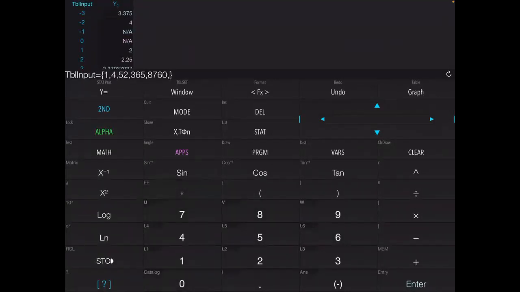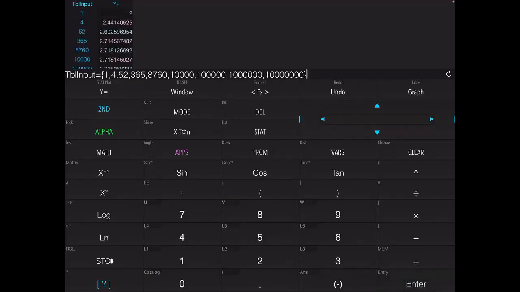Then we have 10,000. Then we have 100,000, so 1, 2, 3, 4, 5 zeros. Then 1,000,000, 1, 2, 3, 4, 5, 6. And then 10 million, so that'll be 7 zeros. Close with a curly brace. 4, 52, 365. Just double checking. 8,760, 10,000, 100,000, 1,000,000, 10 million. And here we get this table here.